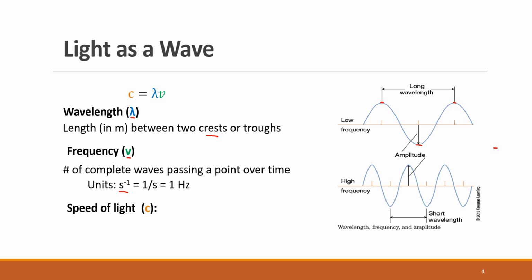Another way to represent this would be as a fraction with 1 on top and then the second units in the denominator. It's important to note as well that inverse seconds is the same as hertz. So all 3 of these units are interchangeable and mean the same thing.